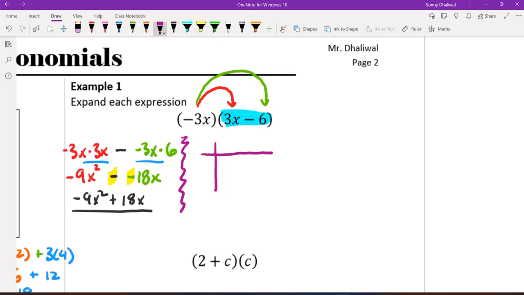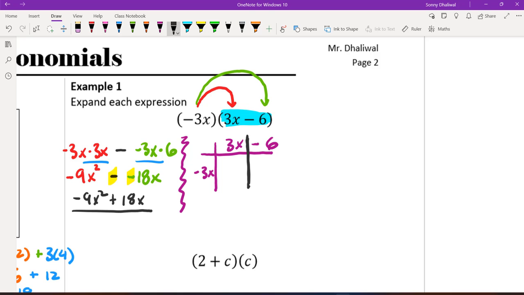We're going to put it on one side, so I'm going to put that negative 3x here. Then you write the other expression on top. Now next is we draw another line here to separate out the terms. So I include that negative sign with the 6 because that's what it belongs to.